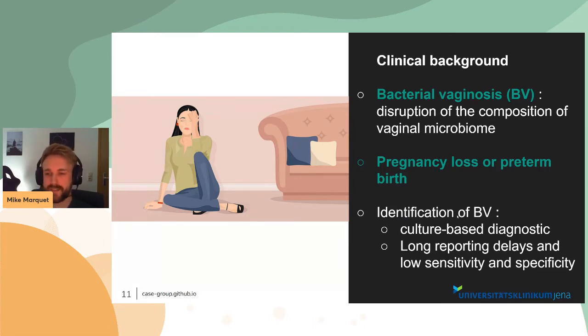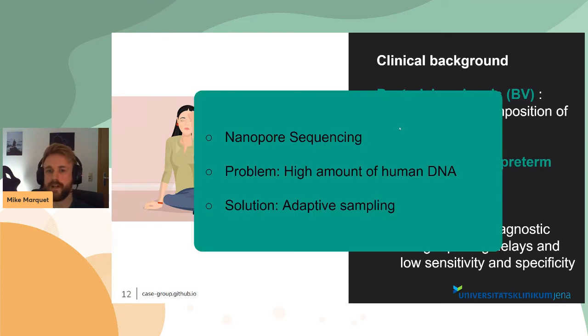And then the obstetrics department approached us and asked, could we do something with nanopore sequencing? And I tried on some samples and sequenced them, and I found that they have really high amounts of human DNA, around 75 and up to 98% of human DNA.